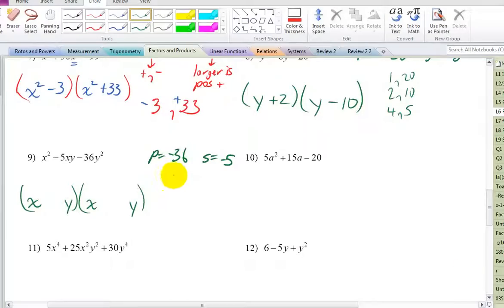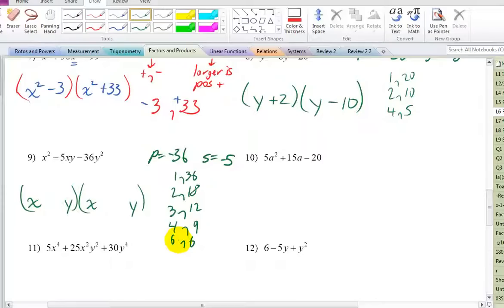I'm thinking 1 and 36, 2 and 18. 2 and 18 is a weird one. That comes up though, okay? 3 and 12, 4 and 9, 6 and 6. Okay. So, which one?